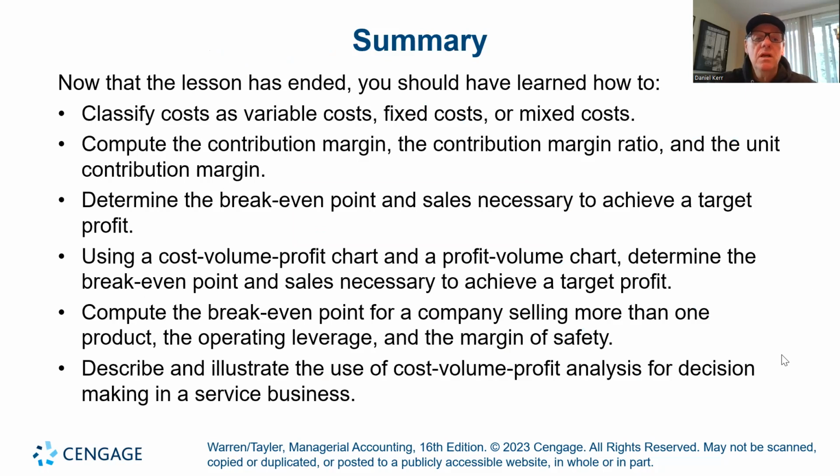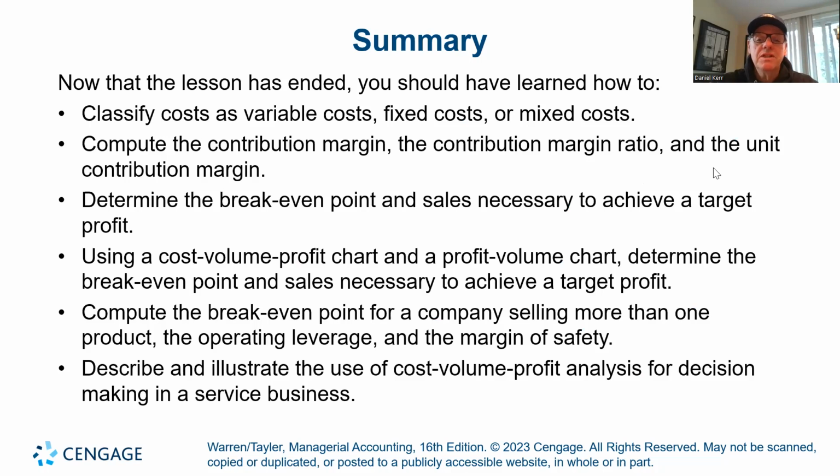So at this point, you should be able to classify costs as either variable, fixed, or mixed. I think the big homework problem in Chapter 6 at the end had you do that. You go through a whole series of costs and you've got to put them into various columns. You should be able to compute contribution margin ratio and the unit contribution margin. How much does each unit contribute?